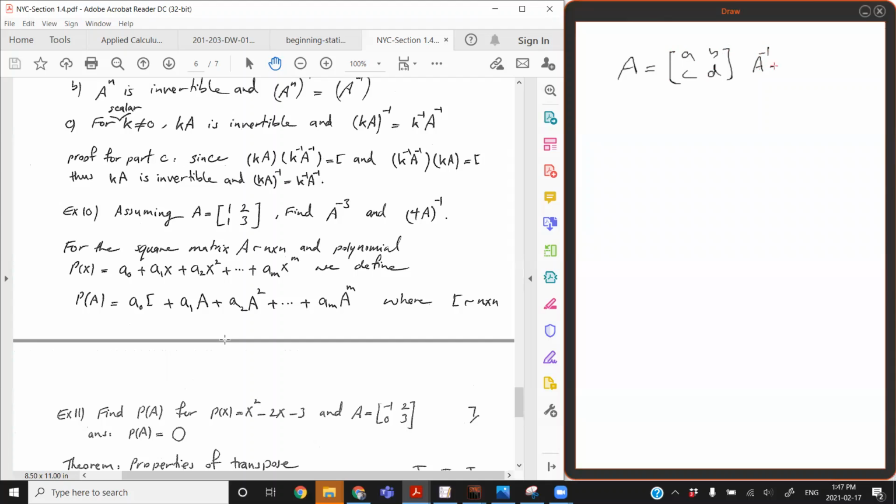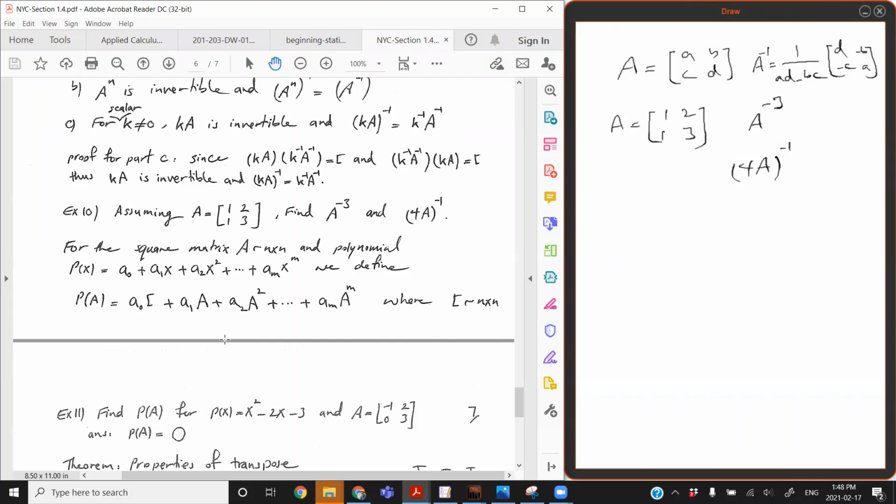Then A inverse is going to be 1 over AD minus BC, times the matrix D, negative B, negative C, A. So given A is 1, 2, 1, 3, calculate A to the negative 3 and 4A inverse.